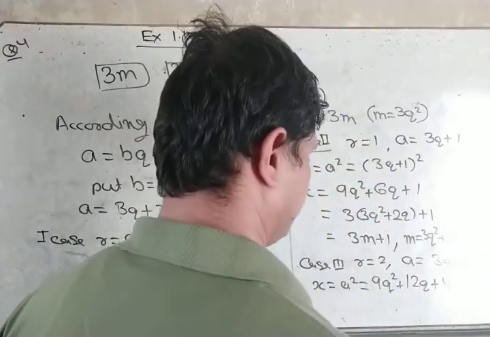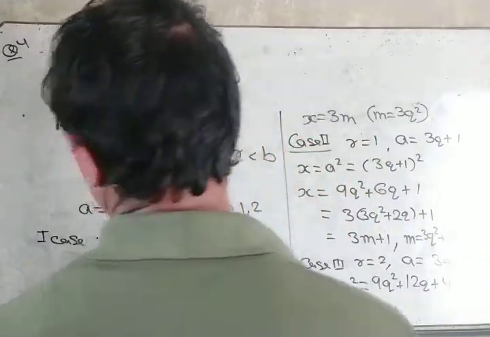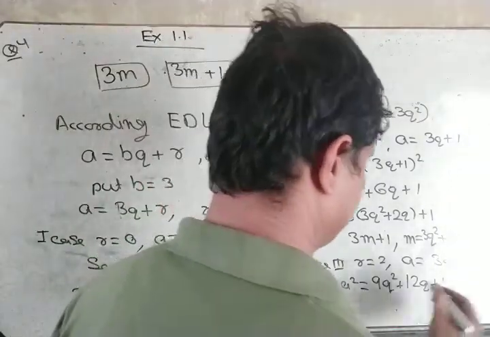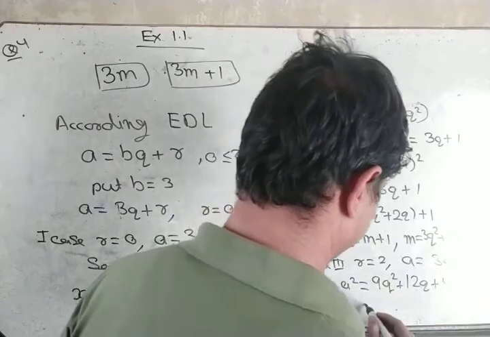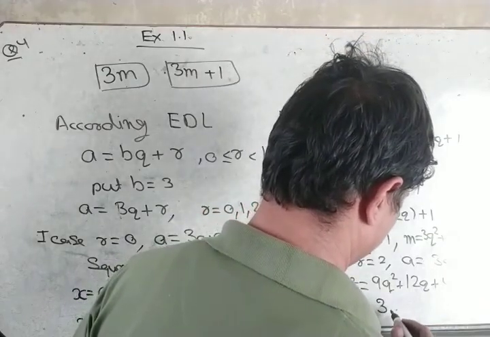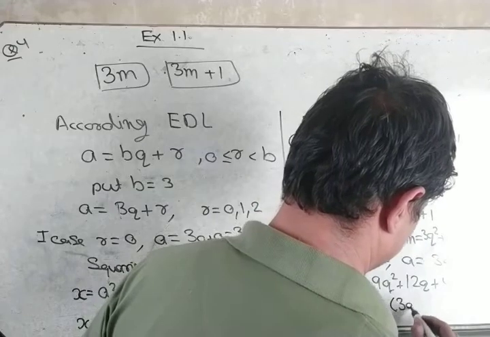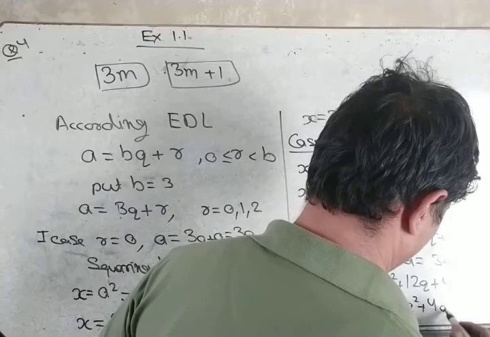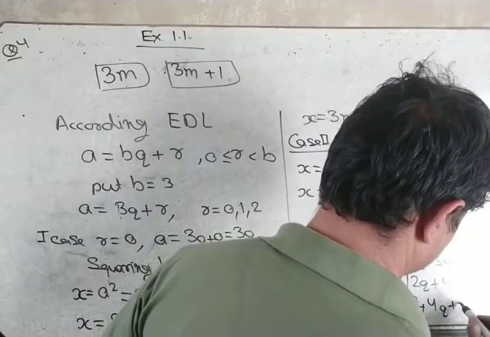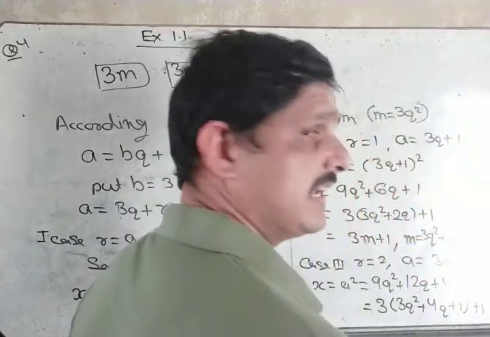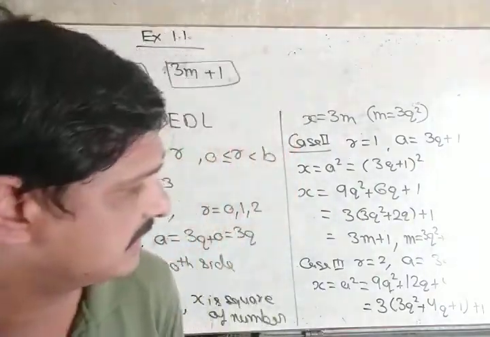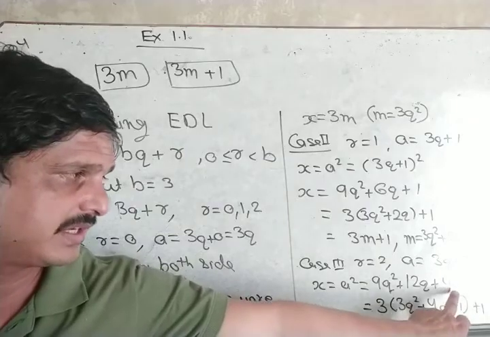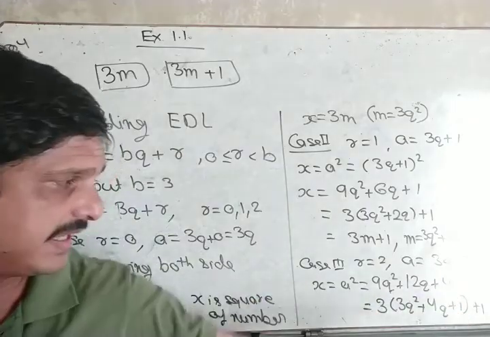When we take 3 common, we get 3q square plus 4q plus, I have broken this 4 into 3 plus 1, and taken 3 common.